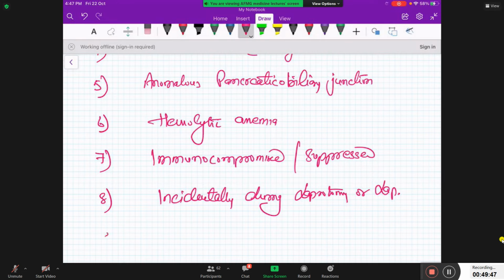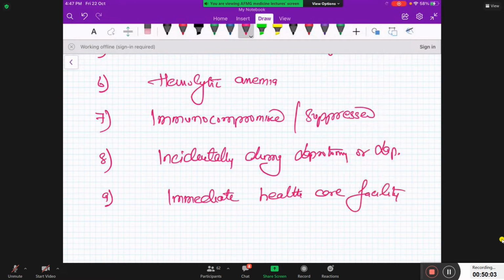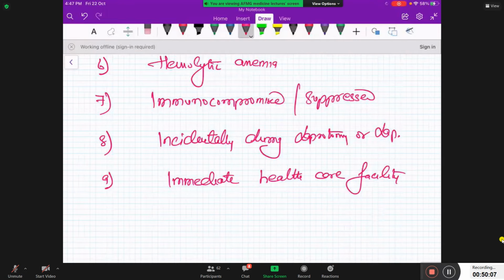Okay. Then 9. When immediate healthcare facilities are not available. Patient is residing in a place where the immediate healthcare facilities are not available.